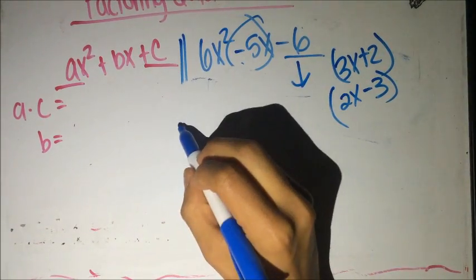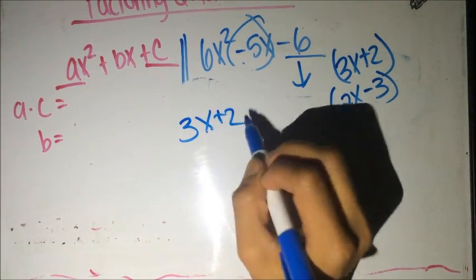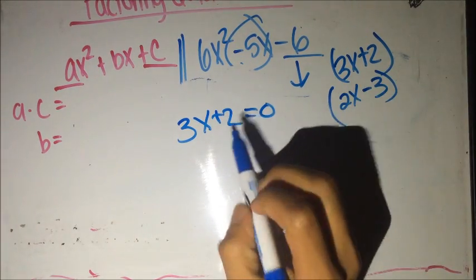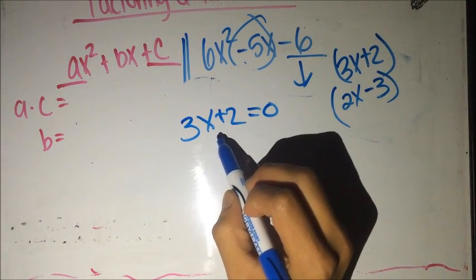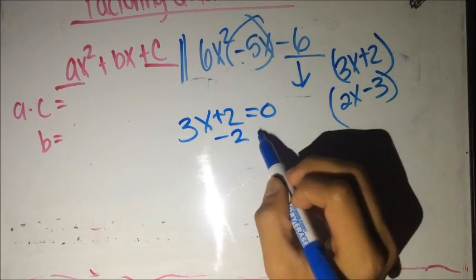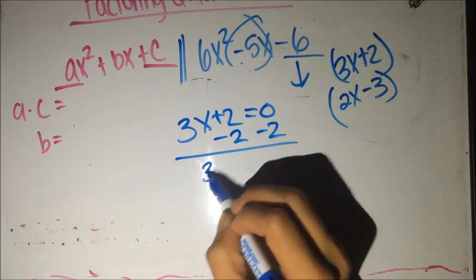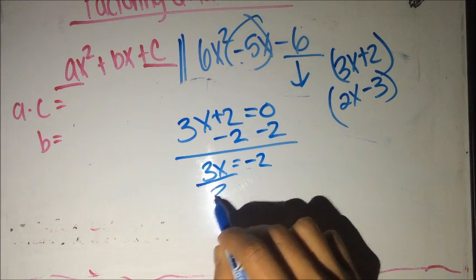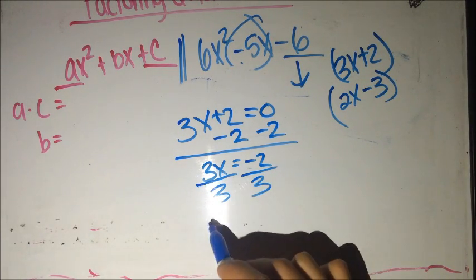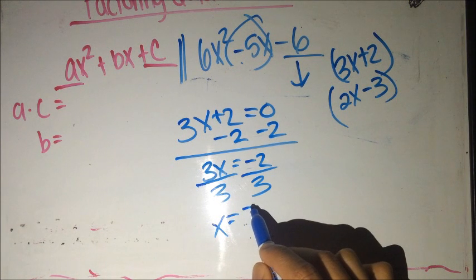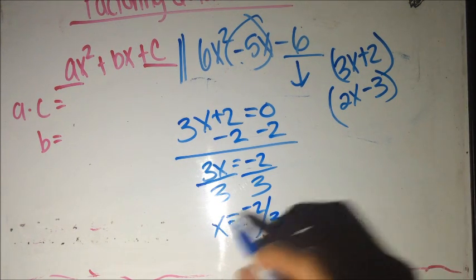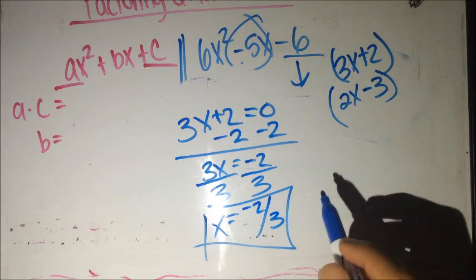So we have 3x plus 2 equal to 0. We find x, so it'd be 3x equals negative 2, and we divide by 3. x equals negative 2 divided by 3. So this is our factor.